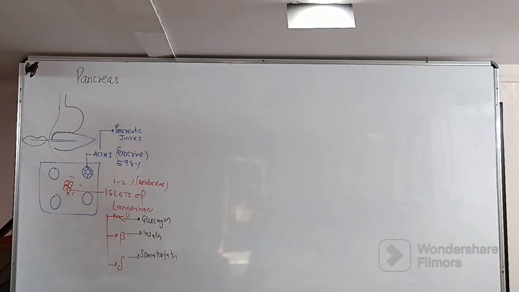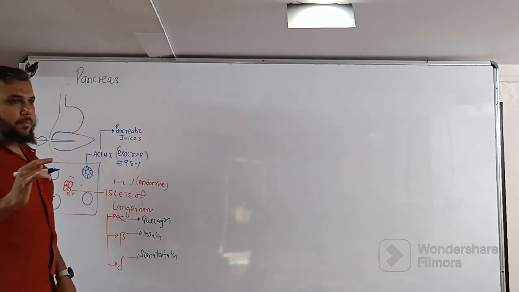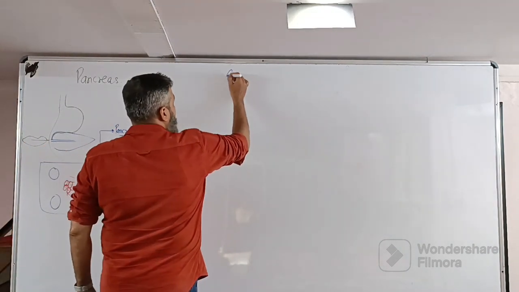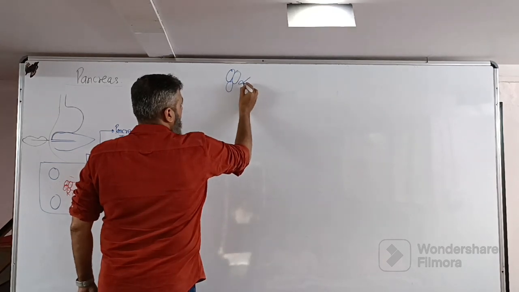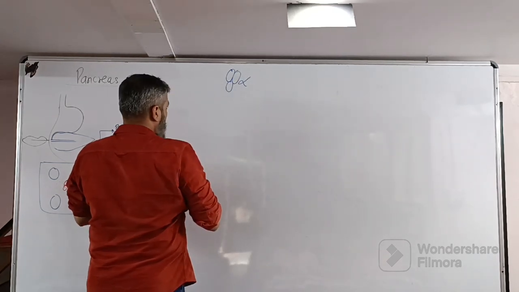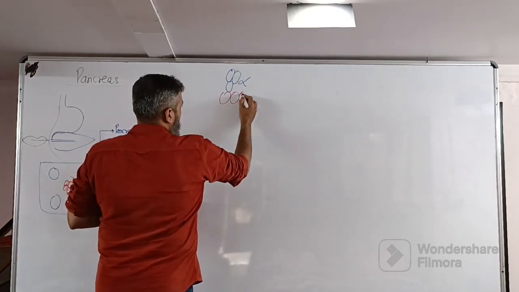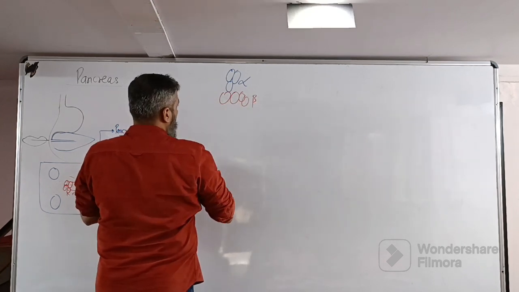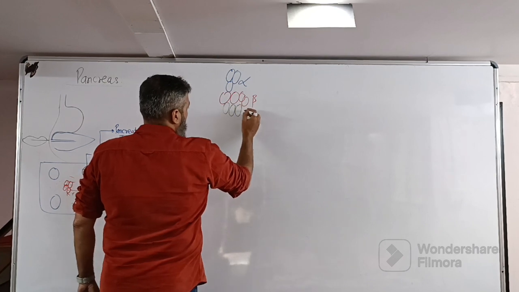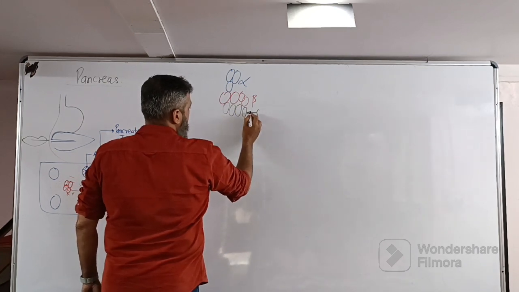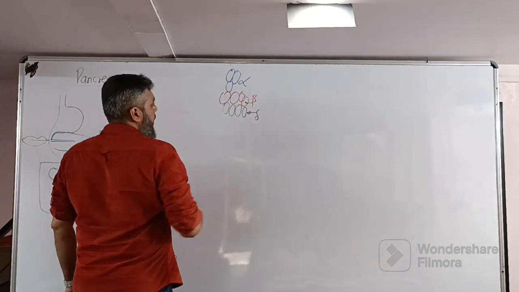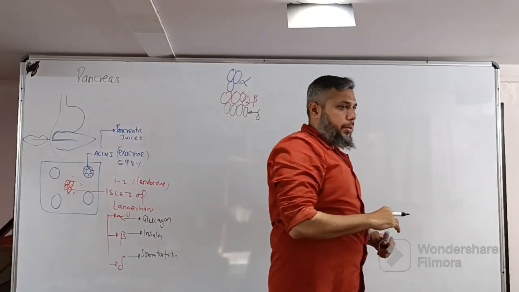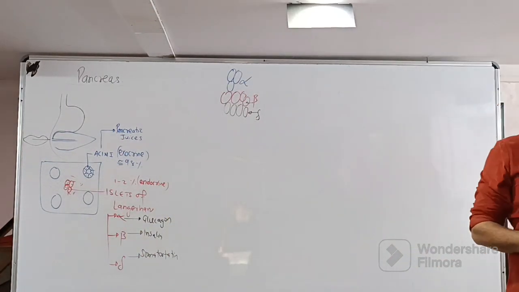And there are 3 types of cells: alpha cells, beta cells, and what is the third type, bachalo? Delta cells. So you have alpha, beta, and delta cells.